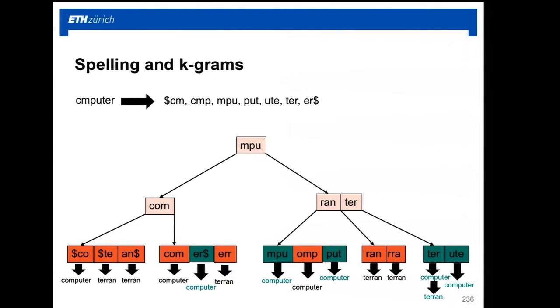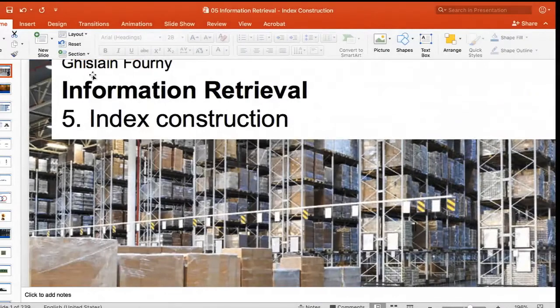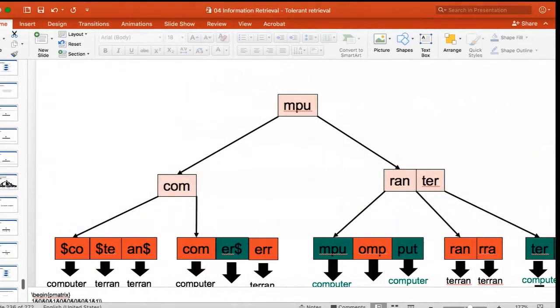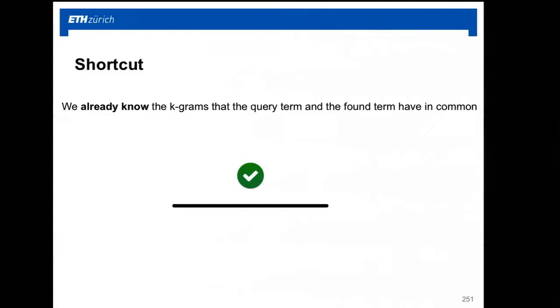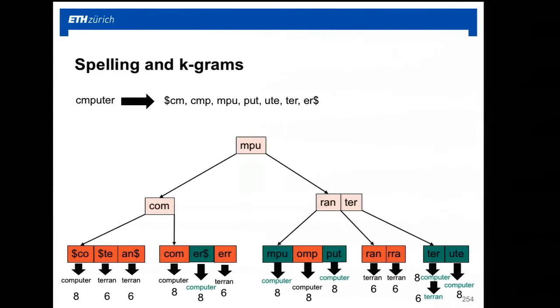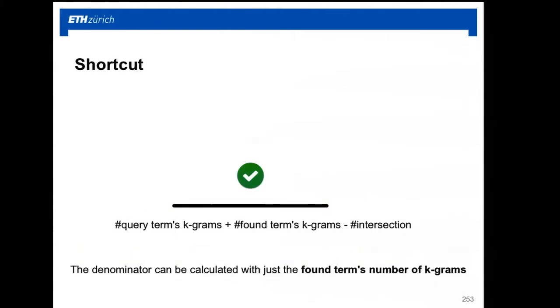So what that gives you is this very simple formula. You divide the number in the intersection by the number of k-grams in the query term plus the number of k-grams in the candidate term minus the intersection.